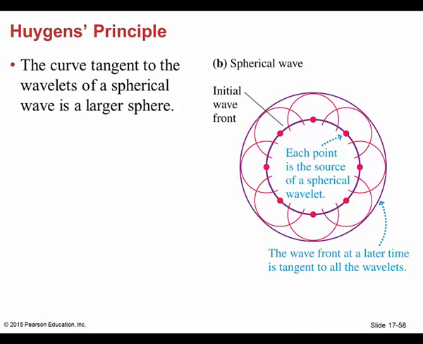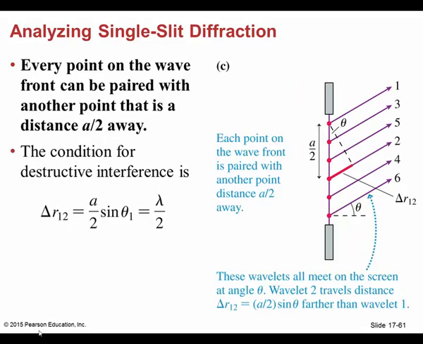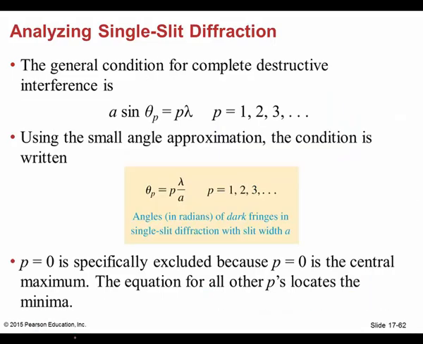So you have an initial wavefront, and the curve tangent to the wavelets of a spherical wave is a larger sphere. Then you have a second wavefront, and notice where we're tangent: here, and here, and here, and so on. All right, now looking at single slit diffraction, we find theta P, and P, of course, is the particular maximum.